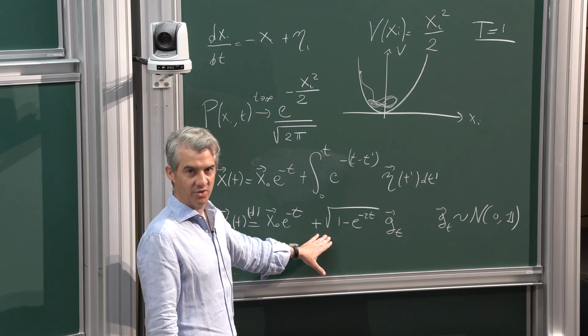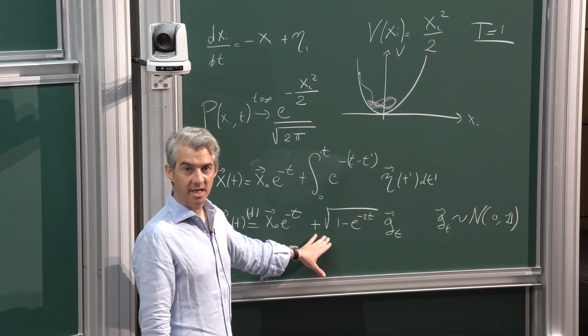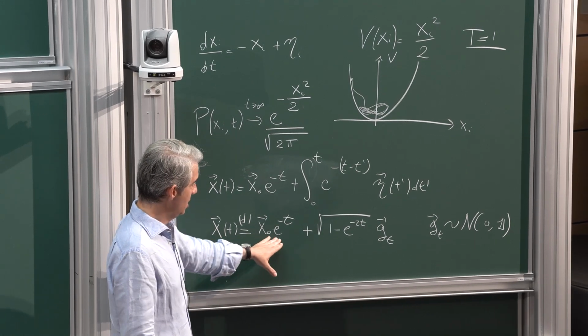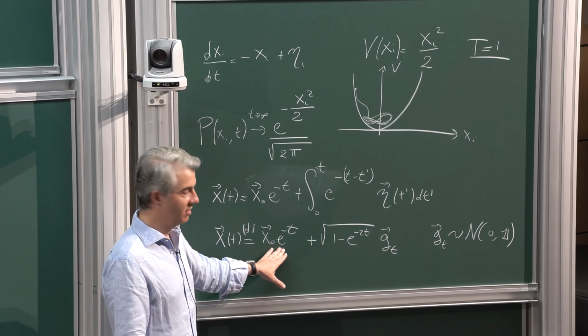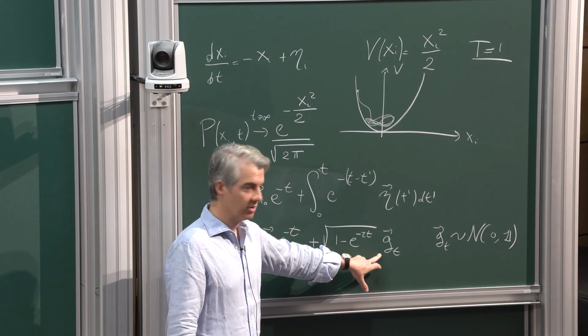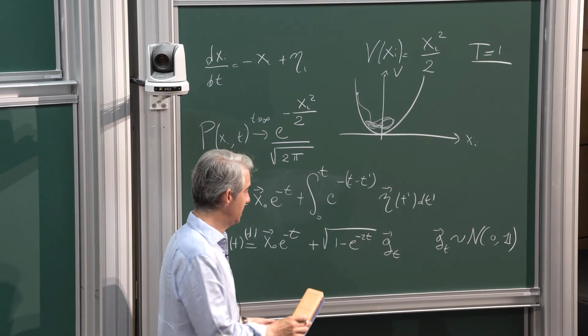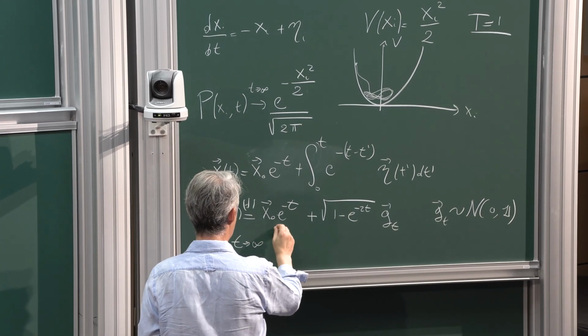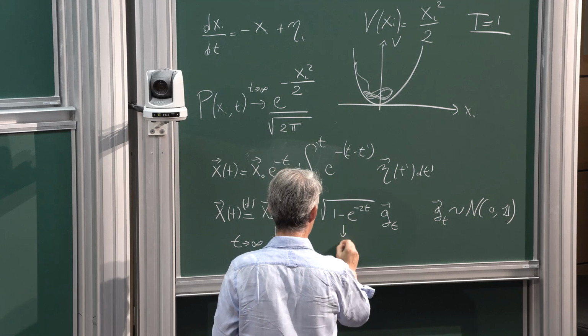You see why in computer science this is like noising the image: you take the initial image, you reduce the amplitude of each pixel, and you add a Gaussian variable. At the end, when t goes to infinity, the first term goes to 0, and this term just goes to g of t.